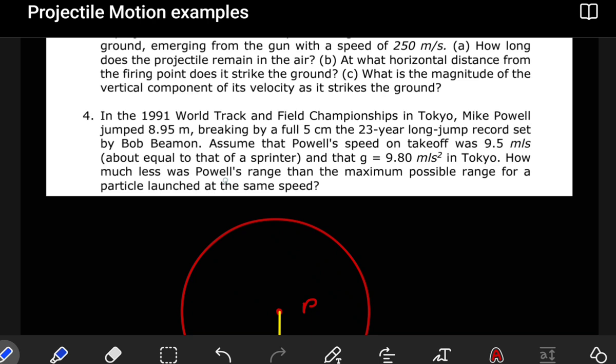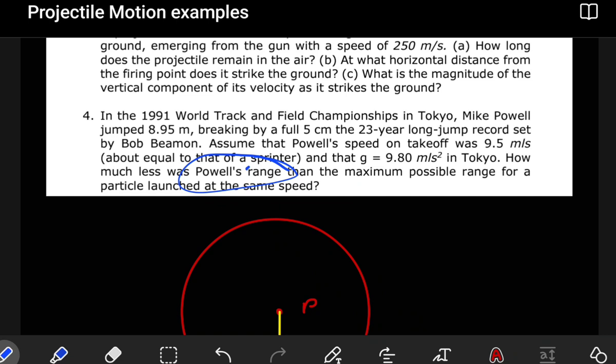Assume that his speed on takeoff was 9.5 meters per second, about equal to that of a sprinter, and that g is equal to 9.8 in Tokyo. How much less was his range than the maximum possible range for a particle launched at the same speed?